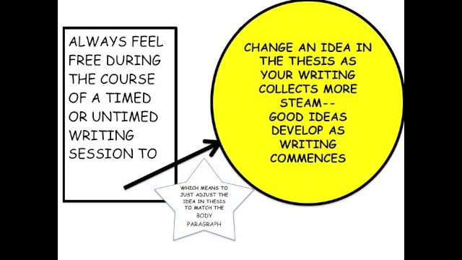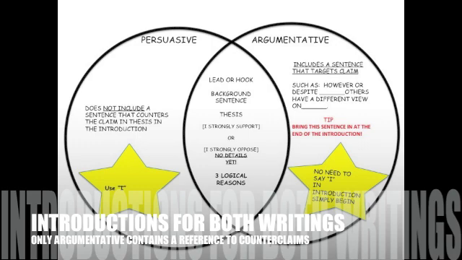The next slide is showing you a little bit more specifically things that make a persuasive and an argumentative. For one thing, you'll notice in the persuasive side of the Venn diagram, it does not have what is called a counterclaim. In other words, you might be saying that I support having school uniforms for these 3 reasons, and then you end it there.